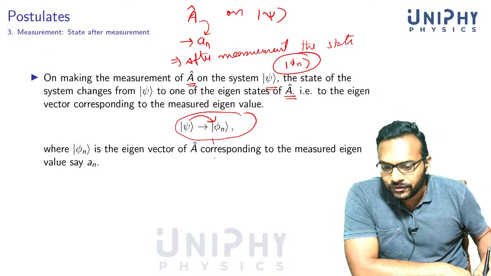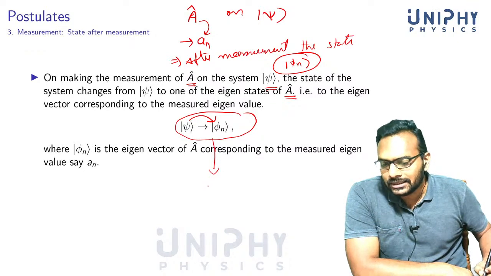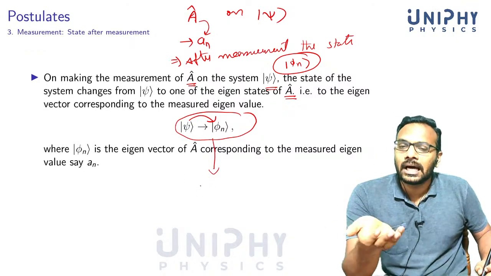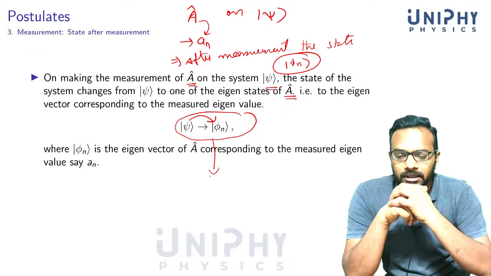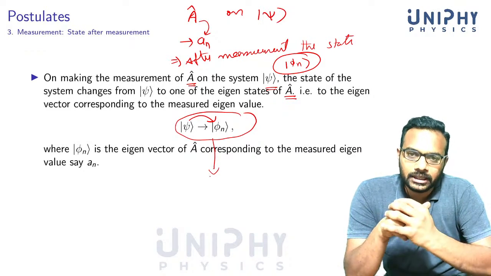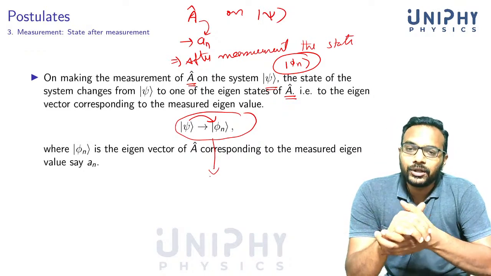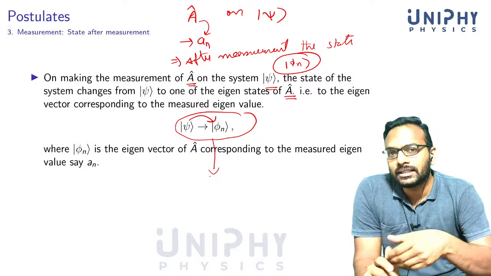This fact is called the measurement problem. We don't know how this happens, and we have to accept it as a postulate because we saw that this happens in the double slit experiment. When you are not looking at it, it passes through both the slits and you get the interference pattern. When you try to determine through which slit the electron actually passed, you always find it in one of the slits.